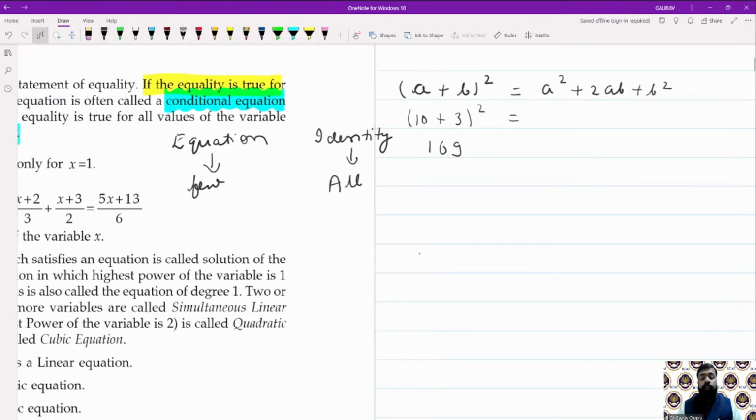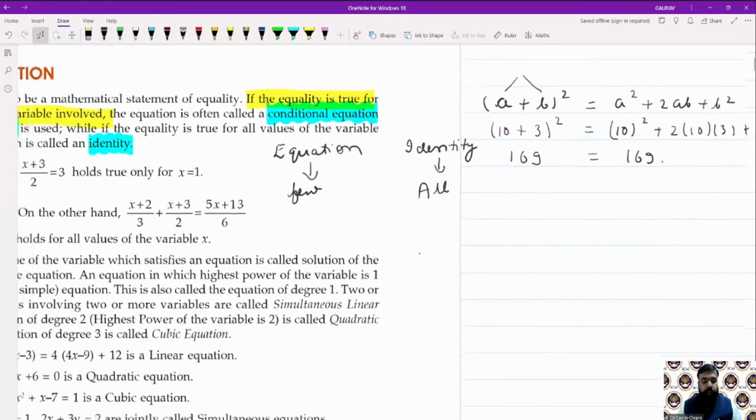And if we solve using this identity, then also we will get the same result: 10 square plus 2 into 10 into 3 plus 3 square, which is also 169. So here we can input any value in a and b. It will be true for all the values, so all the values will satisfy this relation. So it is known as identity.